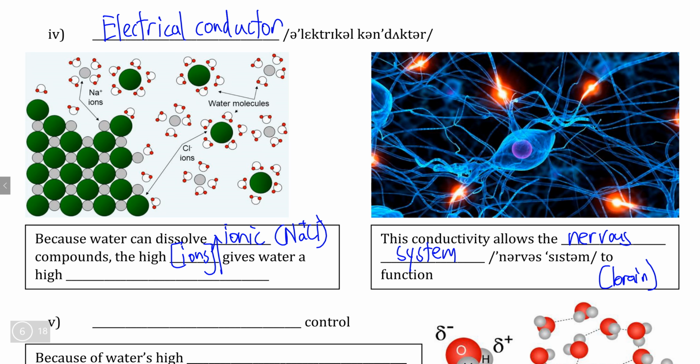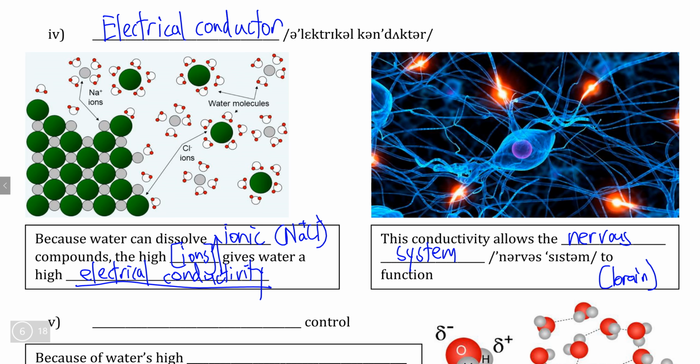And any substance that is able to pass an electrical current is said to have a high electrical conductivity, meaning once again that a current is able to pass through it. And your nervous system, all of the cells in your brain and all of the nerve cells that control the different parts of your body are all basically your body's electrical wiring system.